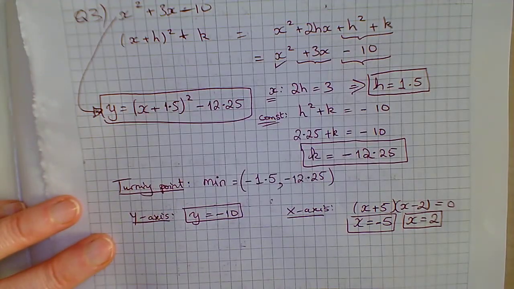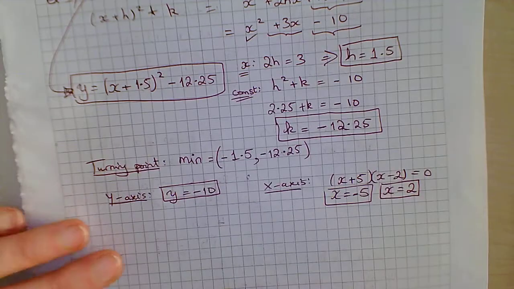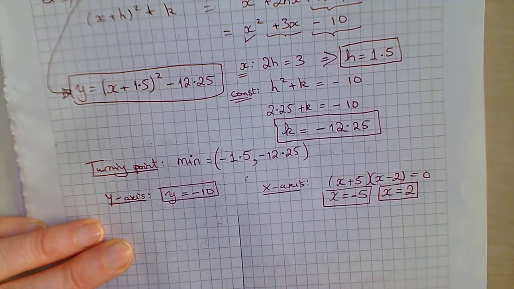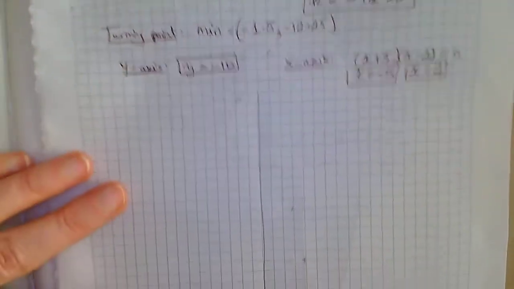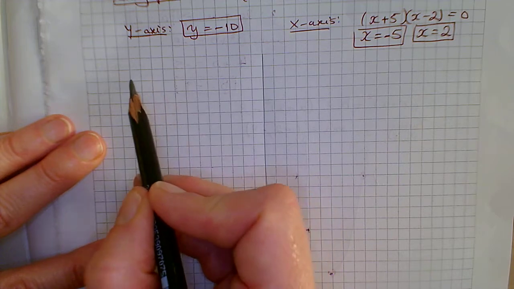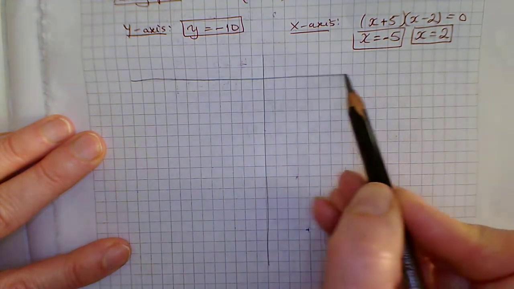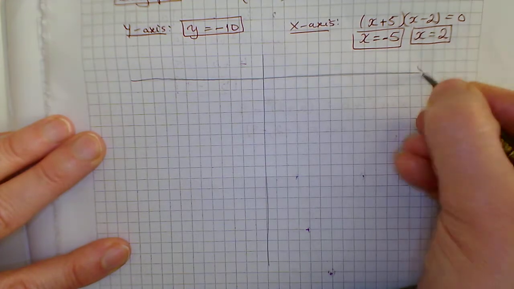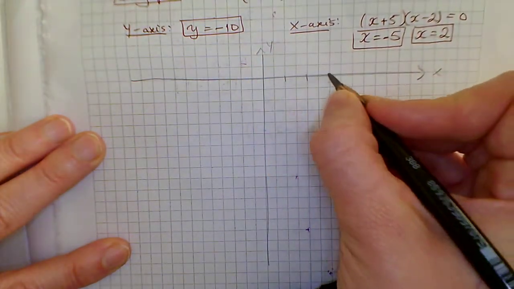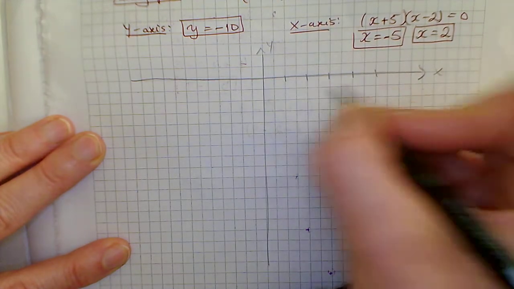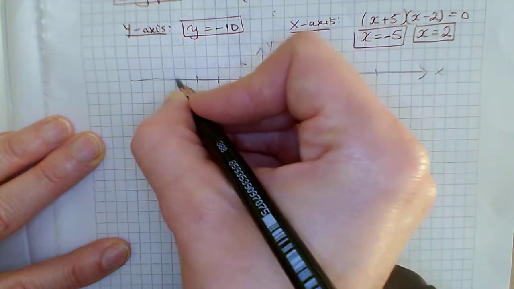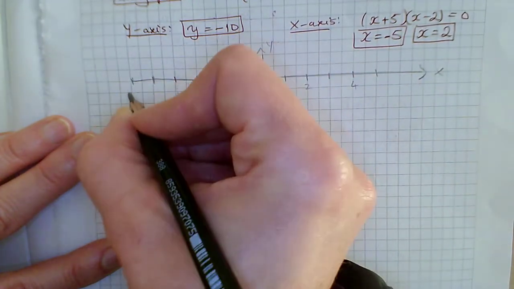And then I draw a sketch. I know that I need to go down as far as minus 12.25. So again, most of my graph here is going to be below the x-axis. I could use a ruler, but I'm just doing this nice and quickly. So I'm going to go double width on my x-axis, because why not? 1, 2, 3, 4, 5, 6.